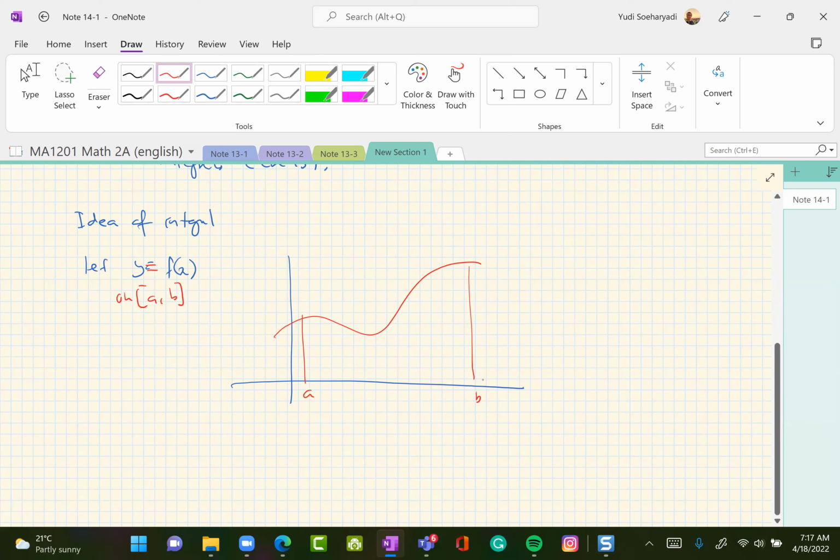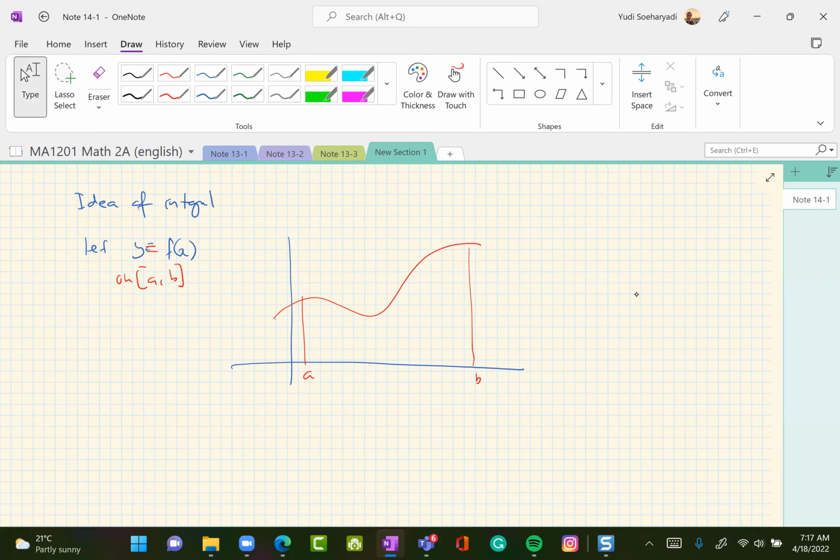First, you want to do some partitions. Partitions the interval. So this is what you do. Okay. And then take a sample.